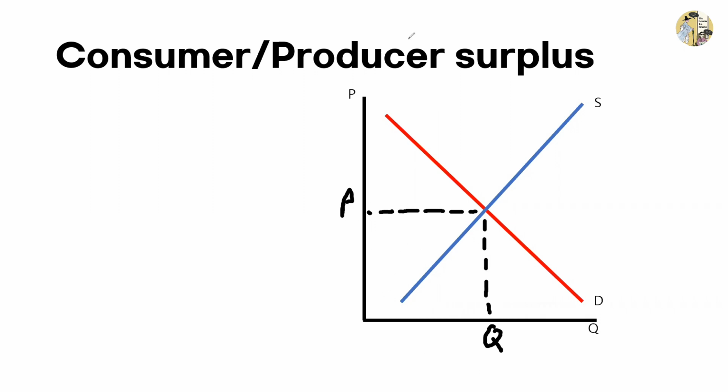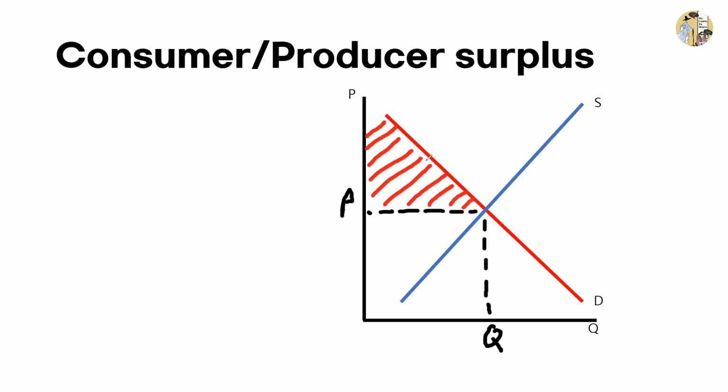This seems like a hard question since we have never talked about indicating surplus on a graph, but when you think about it a little more, the answer is going to just pop up into your brain. So you can infer that the consumer surplus is this area of the graph.